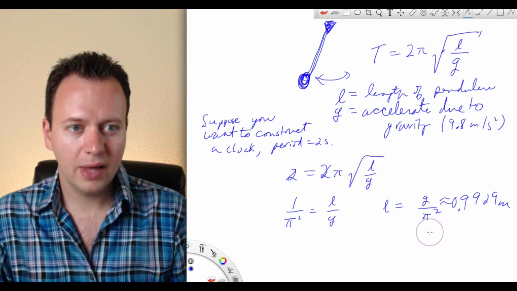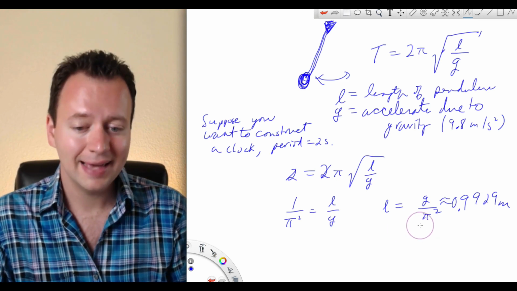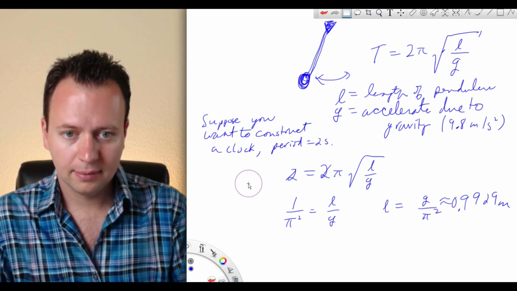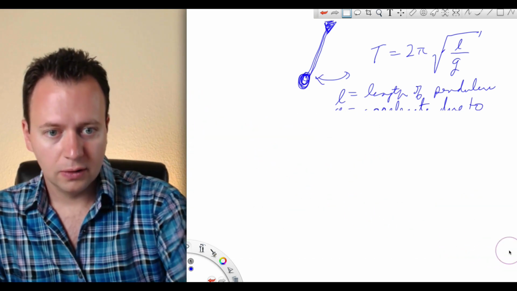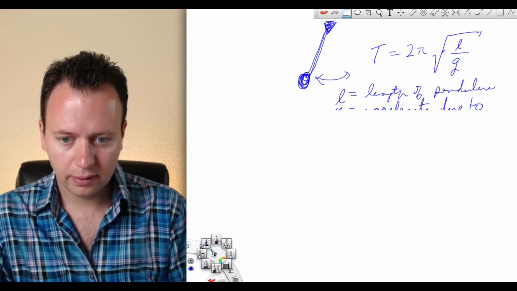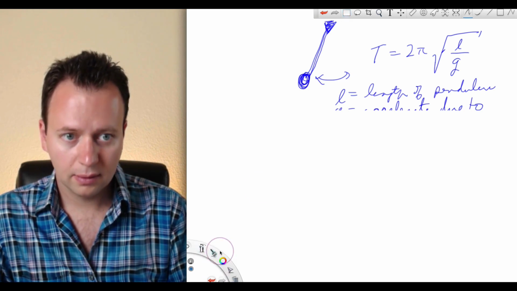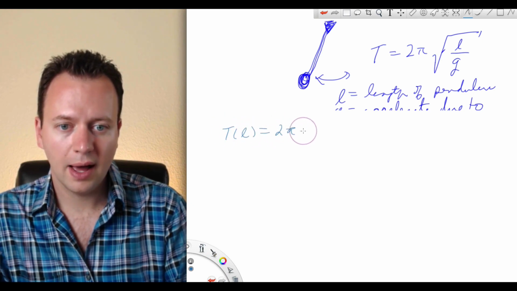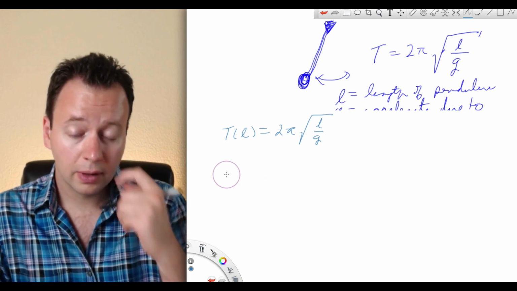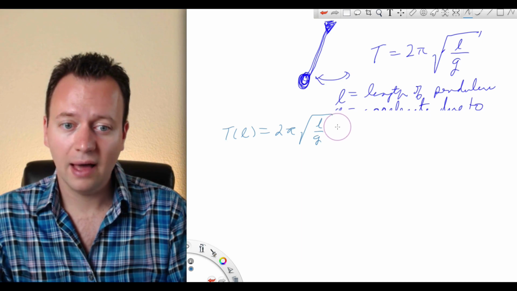What we want to do next is look at the derivative of this function. So we want to compute dT/dL. Here we have T of L is equal to 2 pi square root of L over G. So for the derivative, we basically have L to the 1/2.